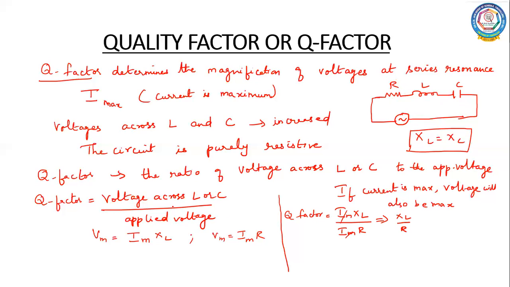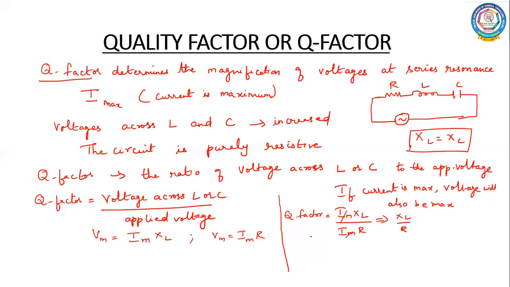So I have substituted the value of voltage across L or C as Im XL, and the applied voltage is, now at resonance condition, this also will be maximum, correct? Because this is the same. So the applied voltage is equal to the voltage across VR, which is given as Im into R. Okay, is it clear, children? So I substitute this. So this will be XL by R. Okay, so this is one formula.